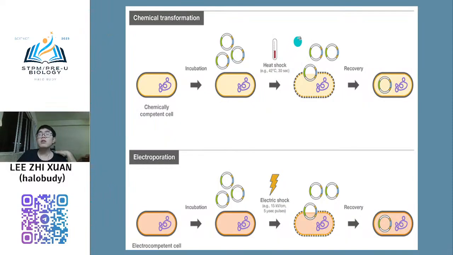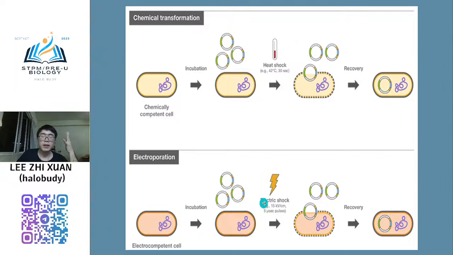Okay, so in general, there are two types of transformation process, how we transform the recombinant plasmid into the host cell. First one is chemical transformation. We use chemical treatment, normally calcium chloride, and also electroporation, using electric shock.